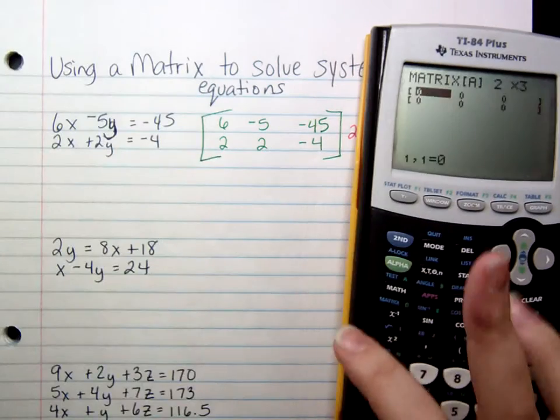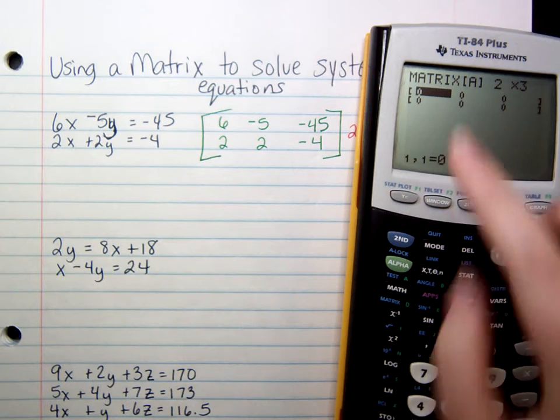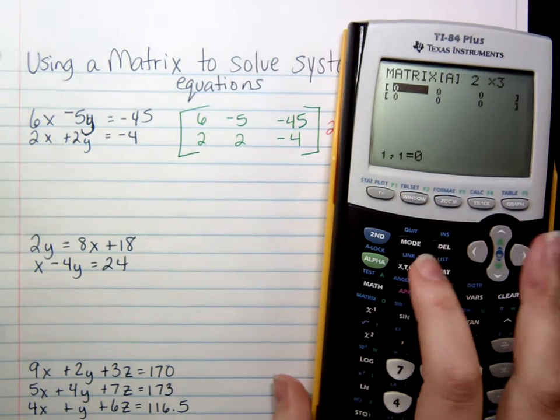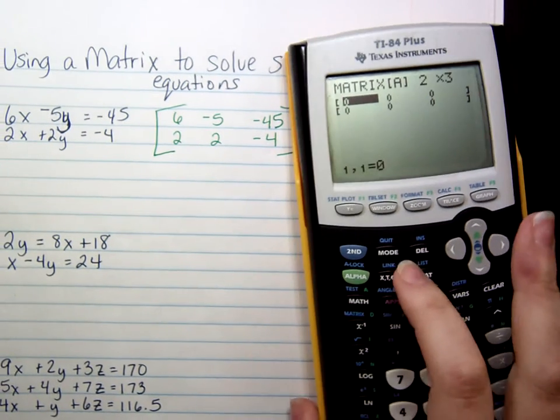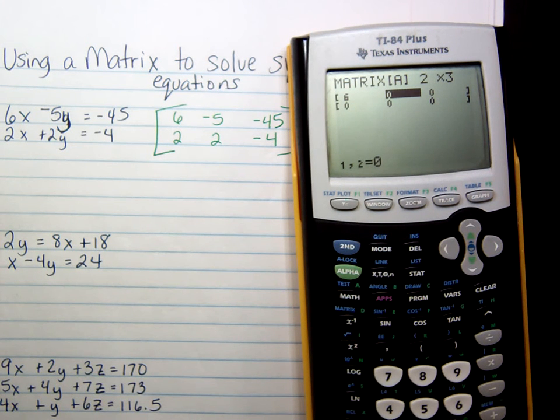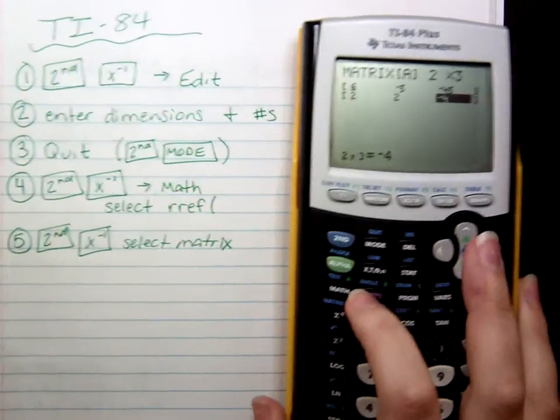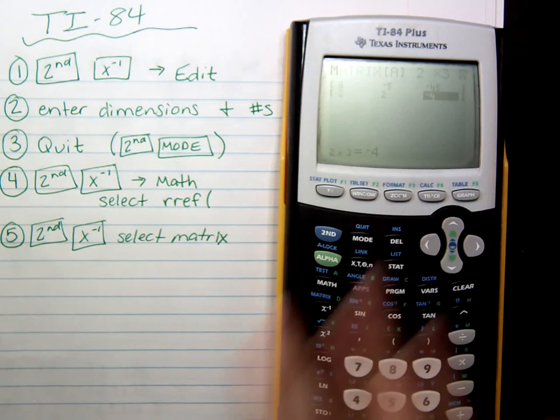The next thing you do is take these numbers from your equations and put them into the matrix. So I'm going to plug in 6, enter, hit enter in between each one, negative 5, negative 45, and then the second row is 2, 2, negative 4. The next thing you want to do is exit out of the matrix.